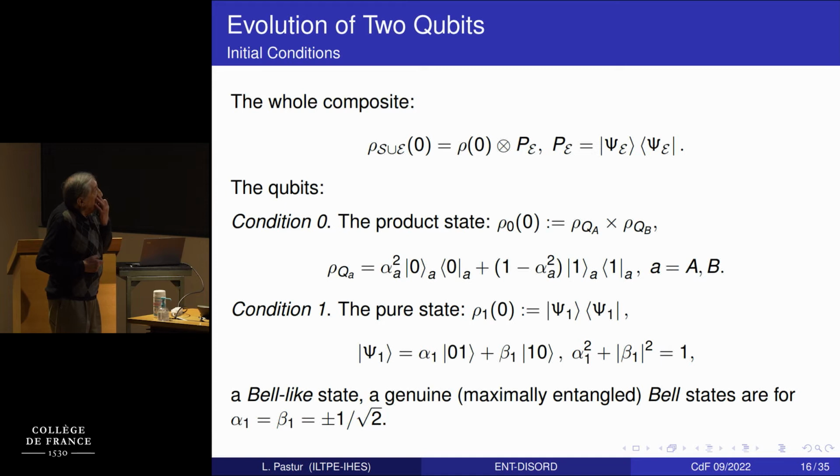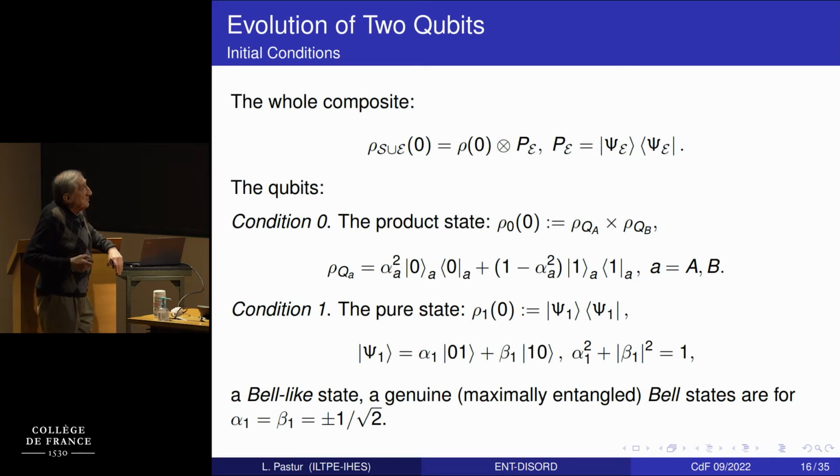These are basis vectors of your 4x4 system. And now we have a second condition. Okay, first it's a pure condition. And here you have what is called a generalized or Bell-like state. Bell proposed the states in which normalization factors are both simplest possible, but you can write general things.